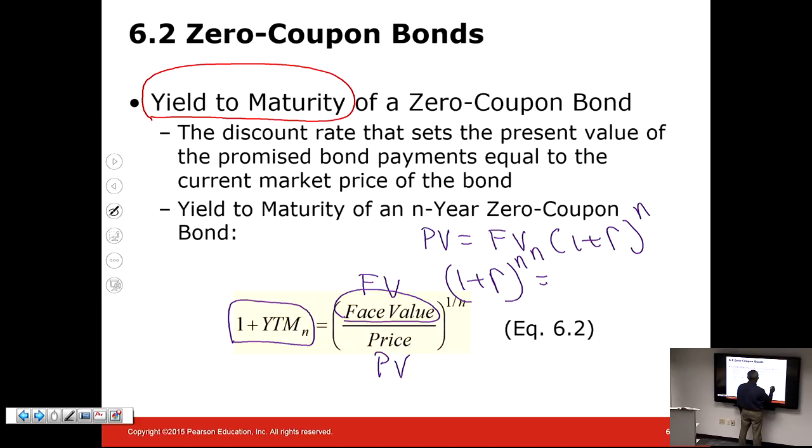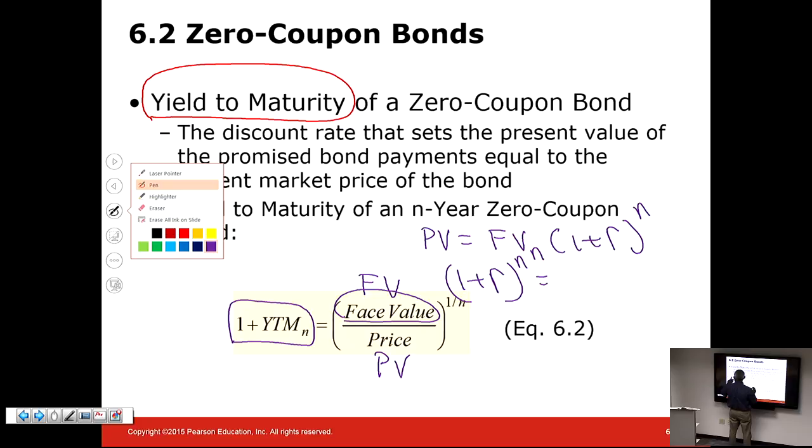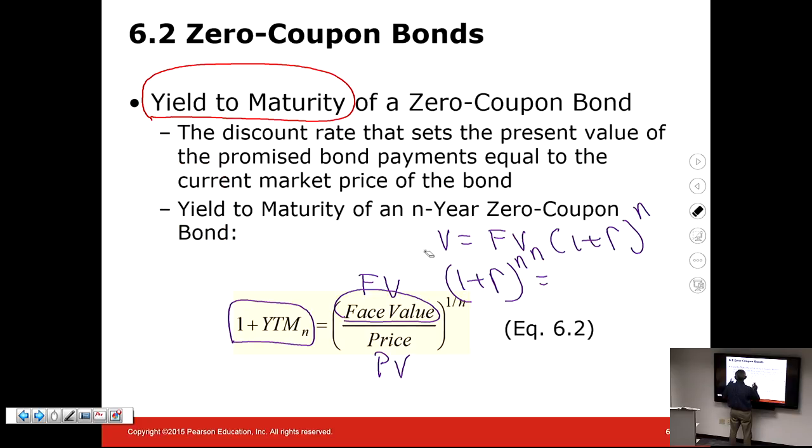I made the mistake over here. Let me restate this. I stated the opposite. This should be future value at period n equals present value times that. So this would be FVN divided by PV.